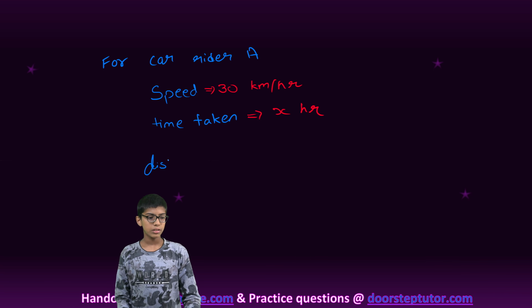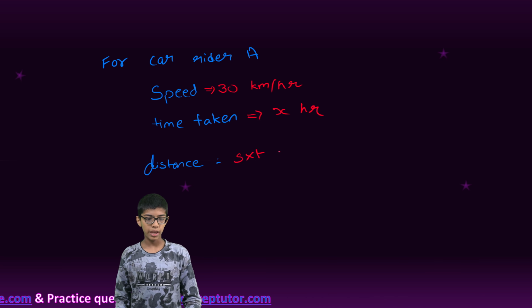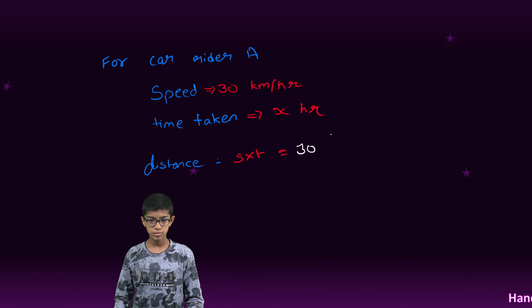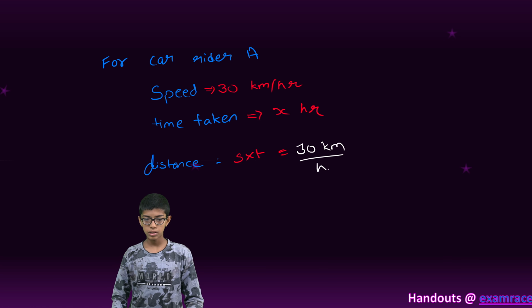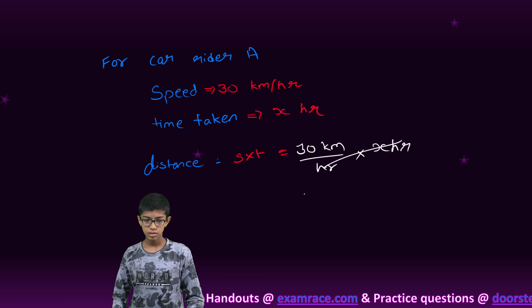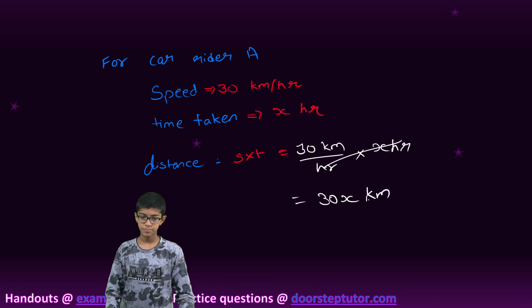Therefore, distance equals speed into time equals 30 kilometers per hour into x hours, which is equal to 30x kilometers.